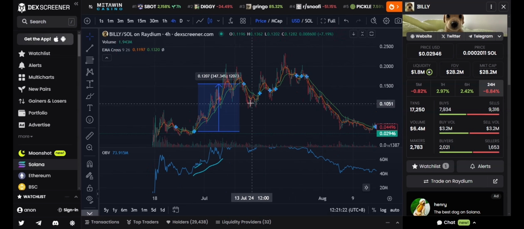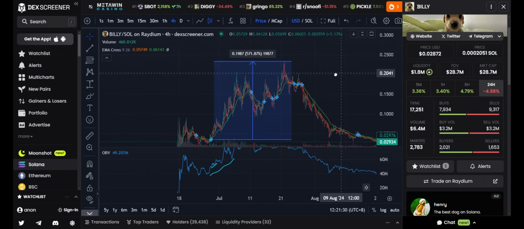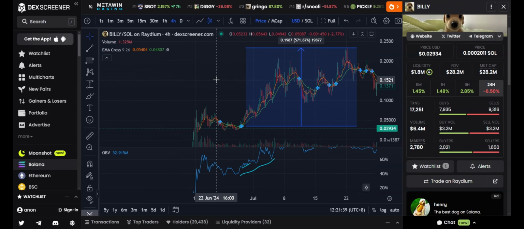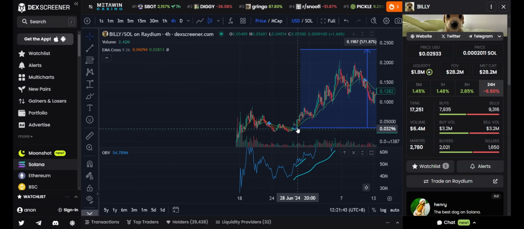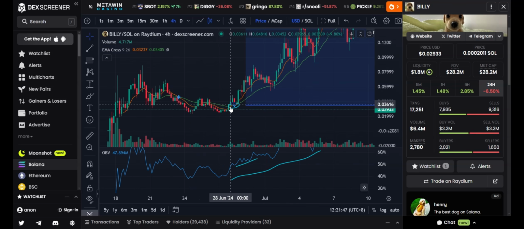And if we wanted to let this ride further, let's say you ignored this cross and you just wanted to let it ride and you've taken some profits on the way up, well, up to the peak here, there's 570%. Easy money, all because you looked at this token and you waited and you had patience, and patience is the key here because you want to use this indicator and you want to couple it with your volume.